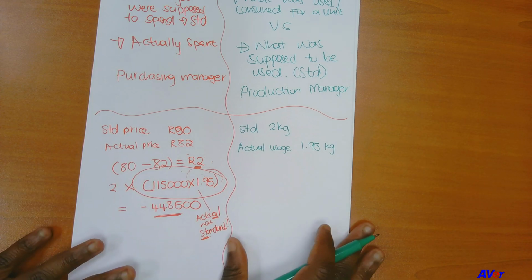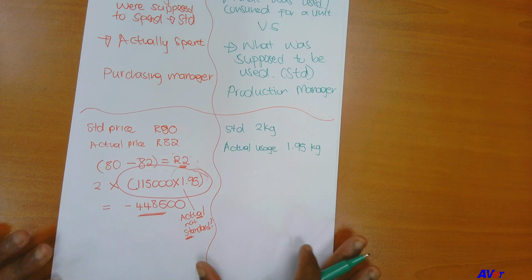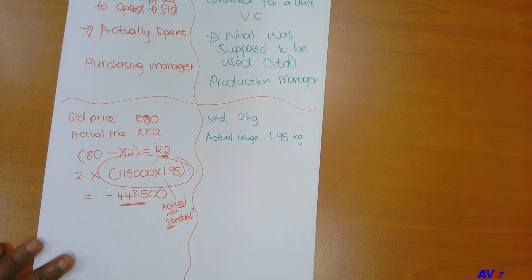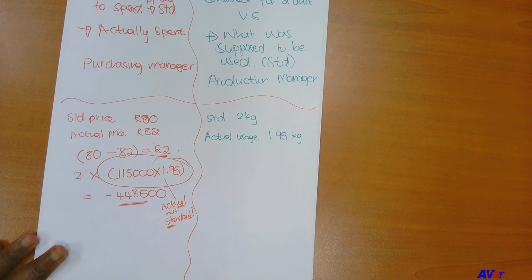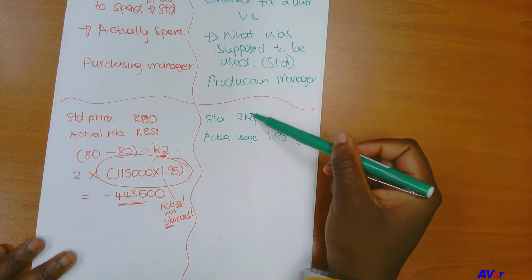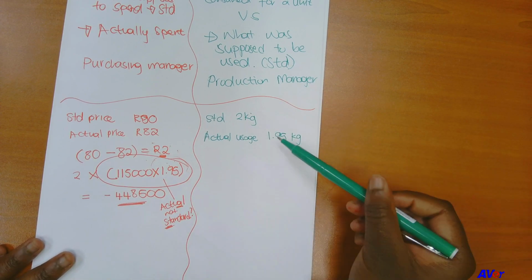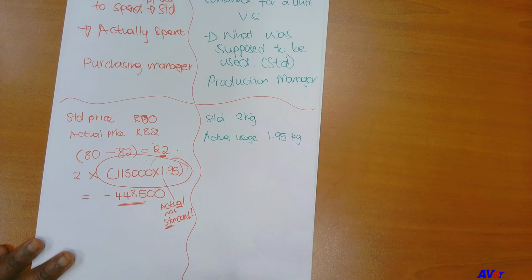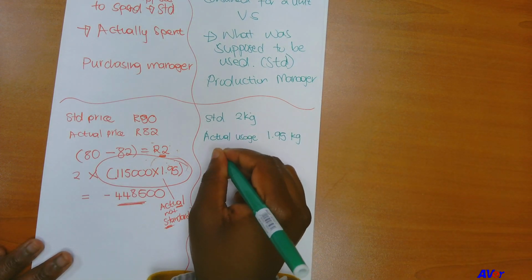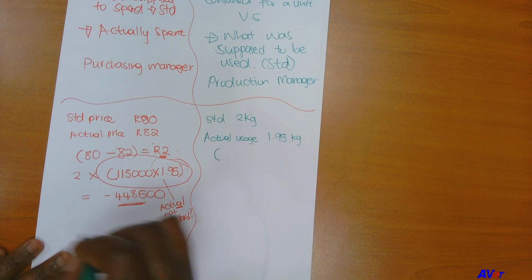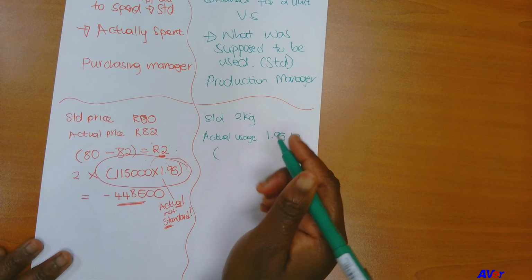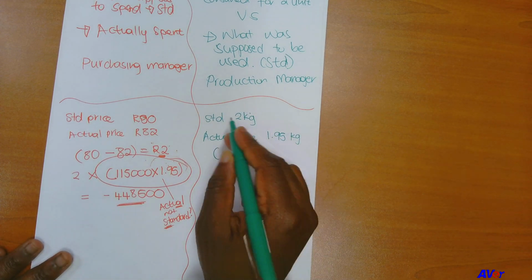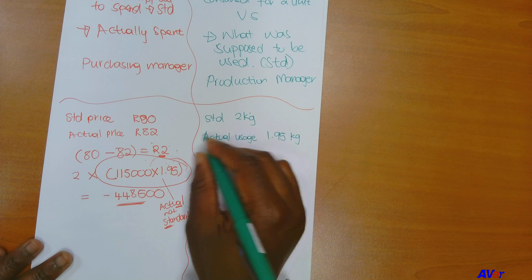However, if you look at the volume side, this is how we do it. We would say, like we did here, what was the impact of using 1.95 kgs instead of the 2 kgs? And that would be shown by this calculation. I started with the standard.